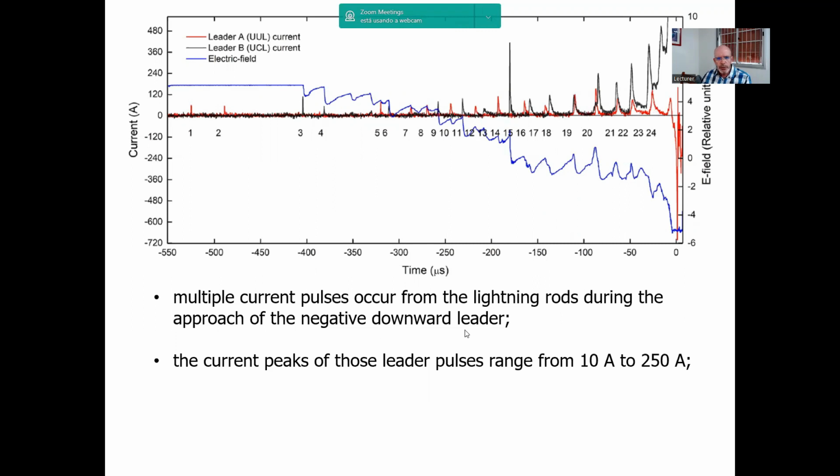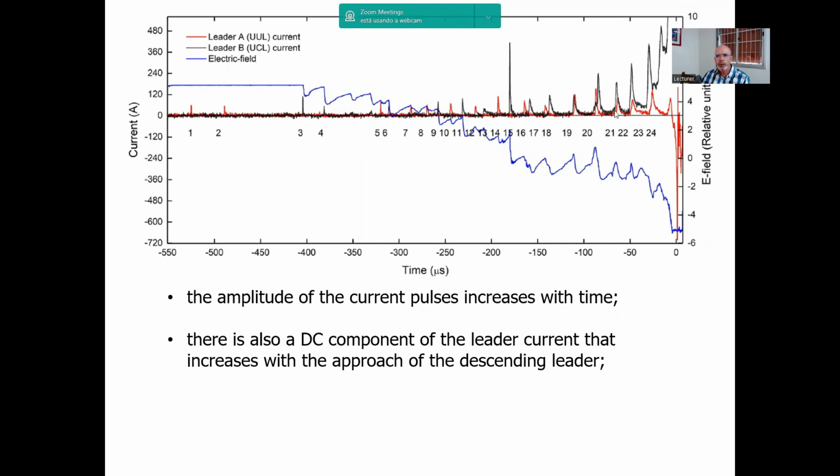The peak currents of these leaders can range from a few amperes to hundreds. And if you look closer, there is also a DC component of the leader current that increases with the approach of the descending leader.